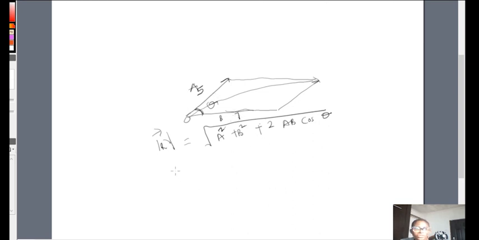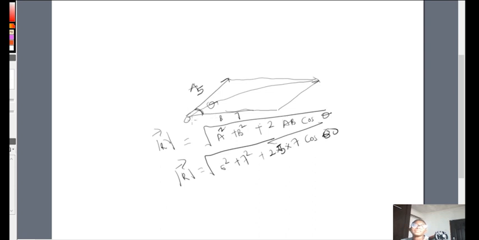Sorry, A squared, B squared. So if we put it into the resultant, we have the square root of 5 squared plus 7 squared plus 2 multiplied by 5 times 7 cos 60.